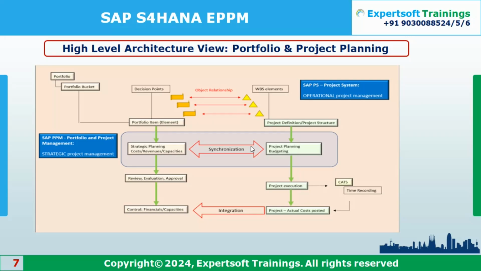So let's say the client has investment management as well because of the assets they are creating, and they are talking about implementing this ePPM module. How will this combination go?